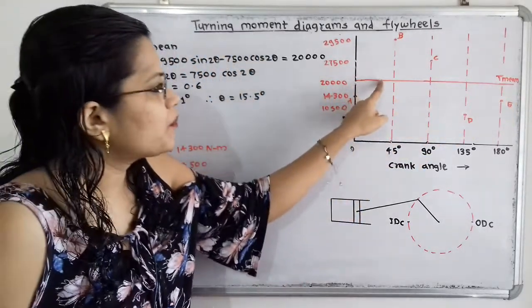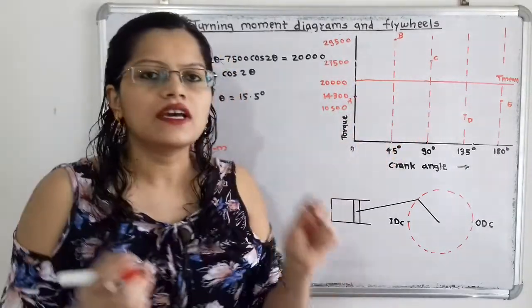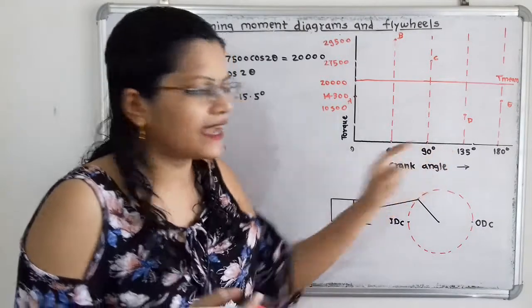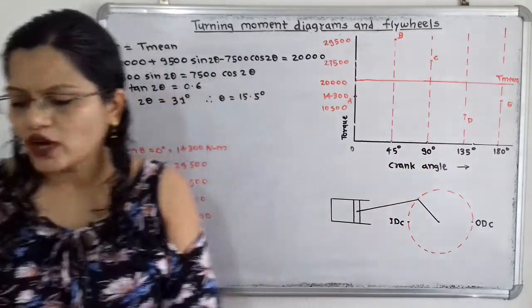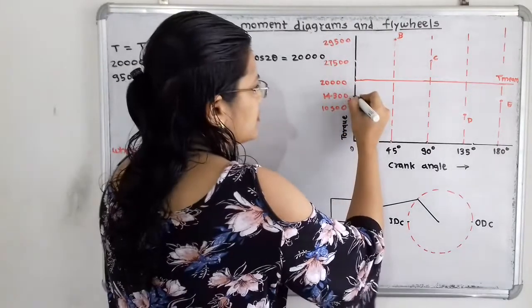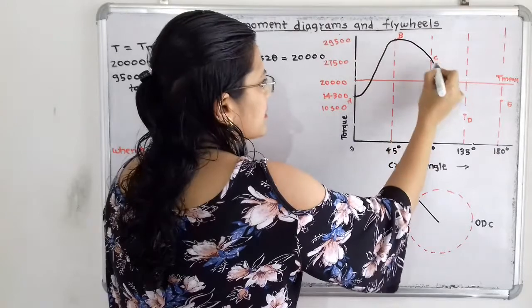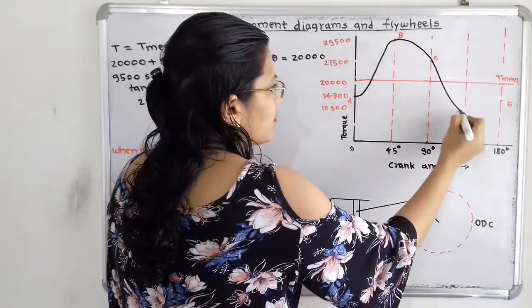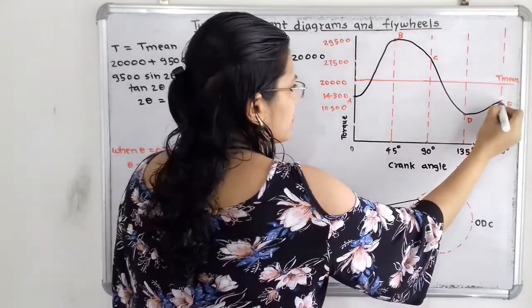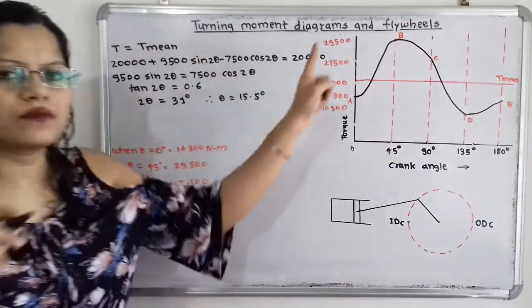At the point of intersection where there is the mean torque, we have to find out the crank angle. So I will join these points: A, then B, then C, here is point D and E. So this is the curve, this is the formation of the curve.